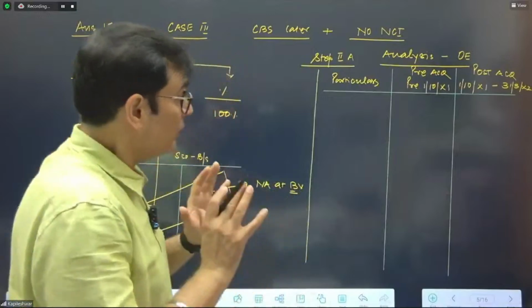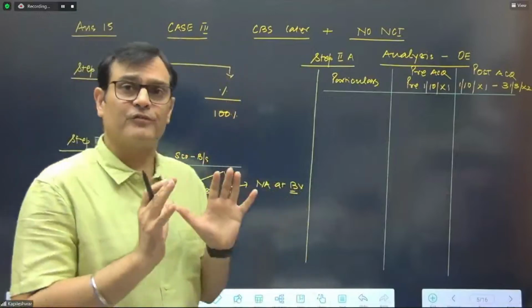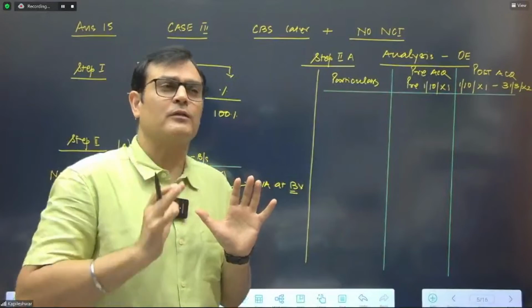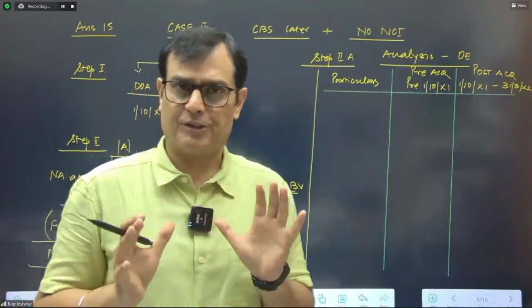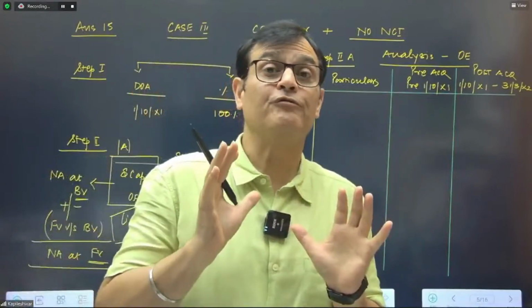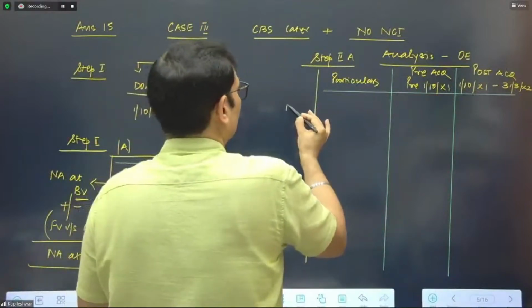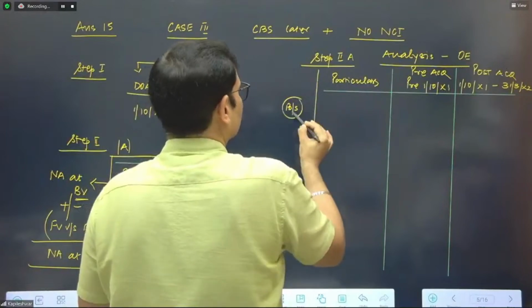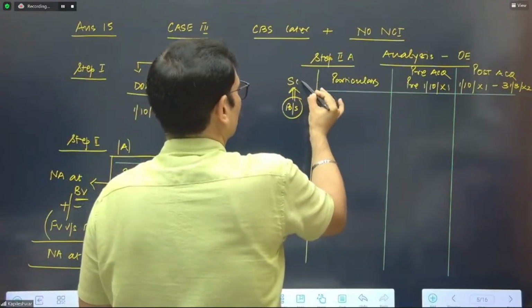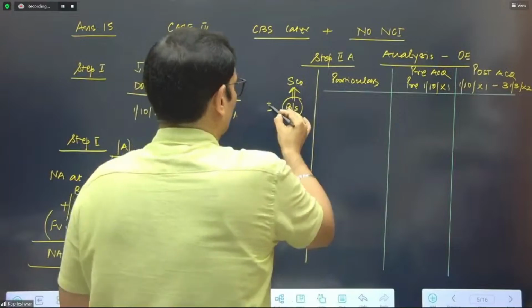Now, when you're doing this analysis of other equity, you've got a total of 3 focus points. What is the first focus point? You are going to look at the balance sheet of the subsidiary company. That is one focus point. So what are we going to do?